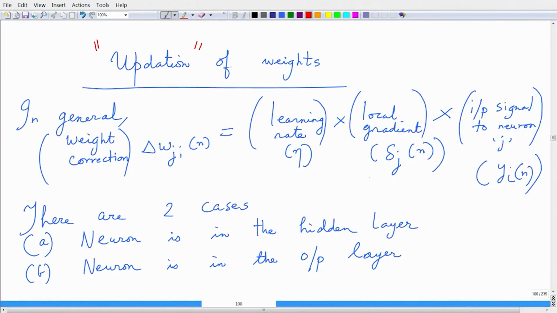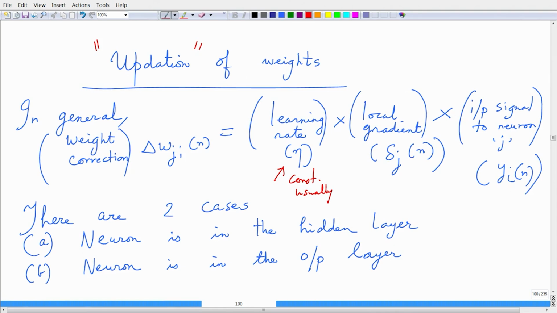So, if you just go through the math, the proportionality is replaced by an equal to some constant term which is the learning rate, times the local gradient delta j of n times yi of n.